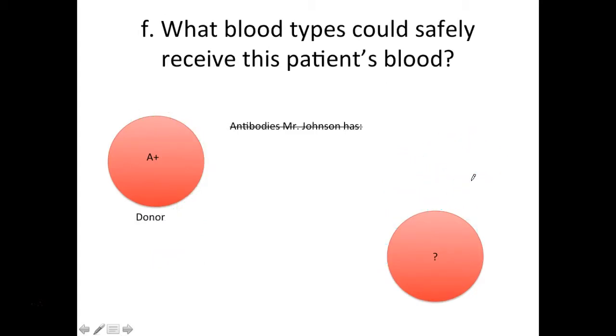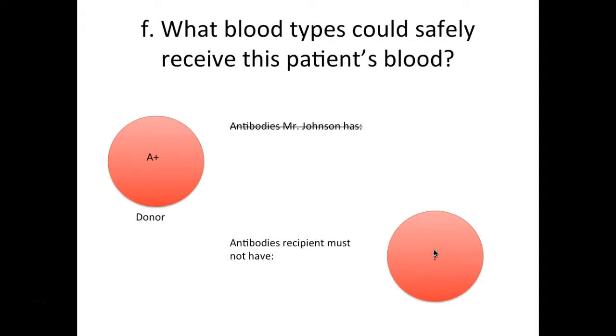Now, the second question asked, what blood types could safely receive this patient's blood? So that means our patient, Mr. Johnson, is now going to be the donor, and we're going to give it to a recipient. So we don't really care about the antibodies that Mr. Johnson has. We're going to care what antibodies the recipient must not have.